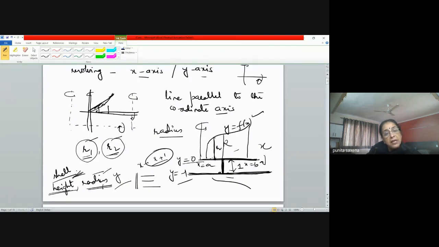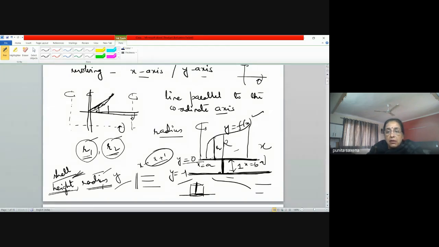It all depends upon the axis. Even when we are talking of a cylindrical shell, your cylindrical shell could be this. In this case, this is your height and this is your radius.